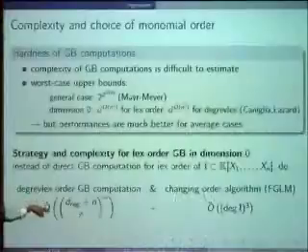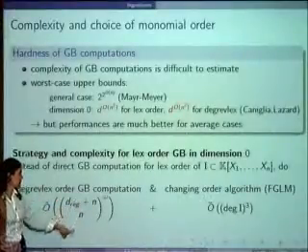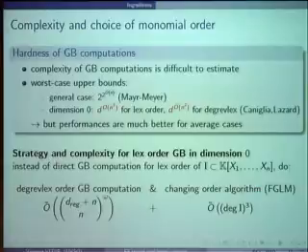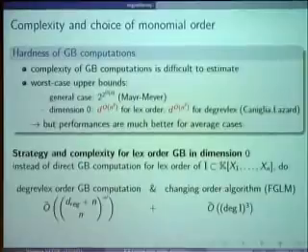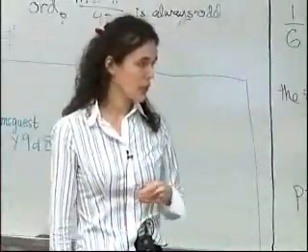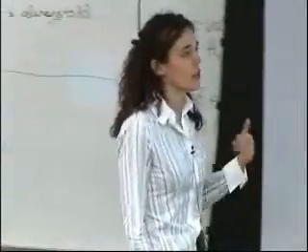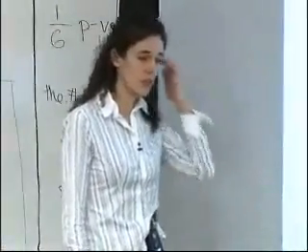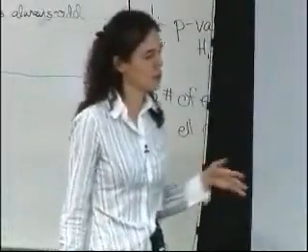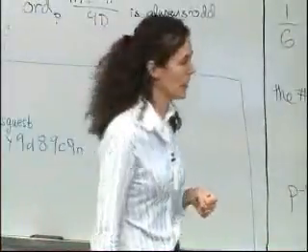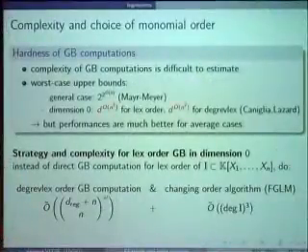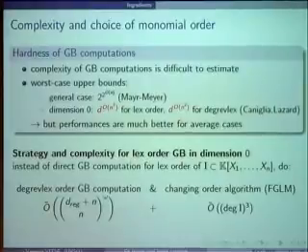For the DRL Gröbner basis computation, we consider the number of monomials that we can have in n variables up to degree d_reg, where d_reg means the degree of regularity of the ideal. You can understand it as the largest degree reached during the computation of the Gröbner basis. With some hypotheses, consider this number of monomials to the power omega, where omega is the constant used in matrix multiplication. The change of order costs the degree of the ideal to the power 3. You can use, for example, the FGLM algorithm to do that in dimension 0.